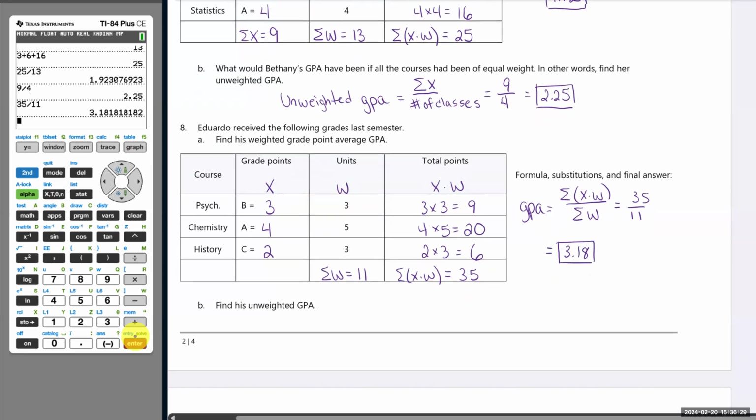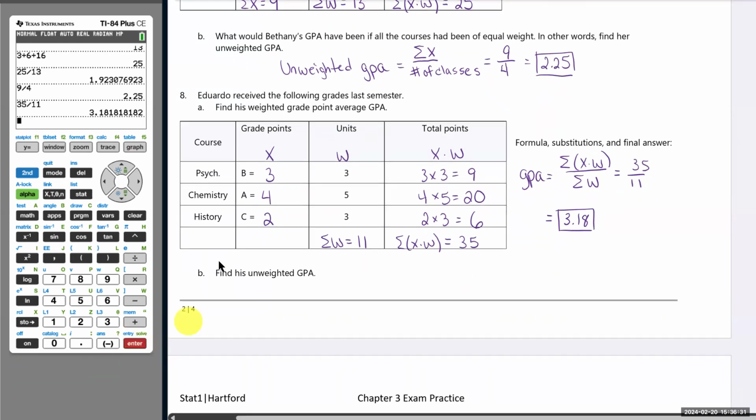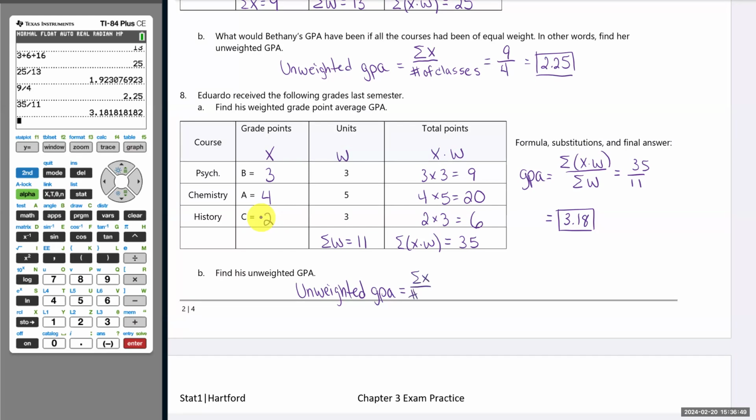And then what would have happened if we asked for an unweighted GPA? So if all the courses were of equal weight, so one more time here with my formula. So unweighted GPA, so it is the sum of the points. So you can just add the X values, divide by the number of classes the student is taking.